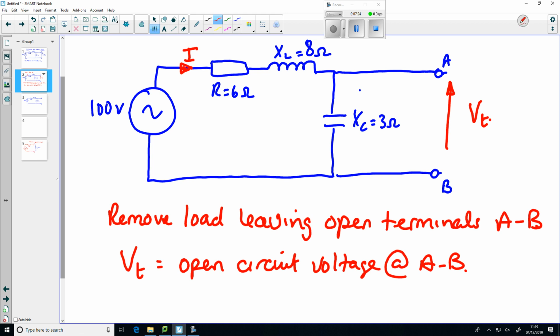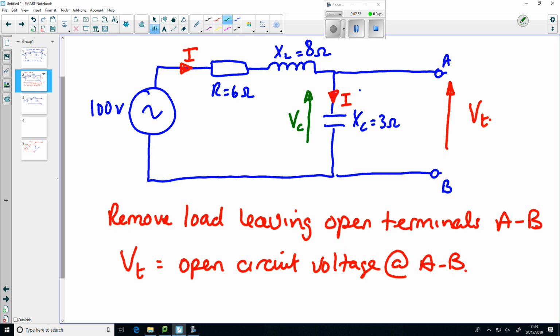What about here? No current, exactly. Because there's no current flowing, if you look here, would you not say that you've got VC dropped across there?